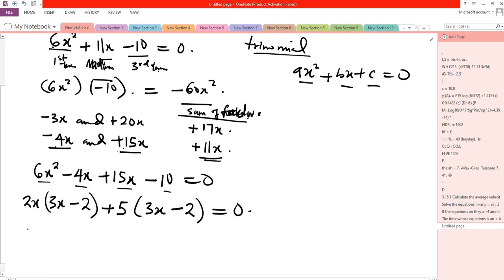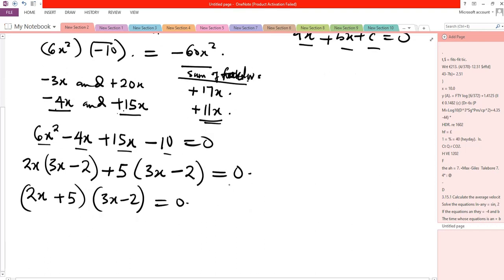Now we are left with 2x plus 5, then 3x minus 2 equal to 0. Let me explain how we got this.